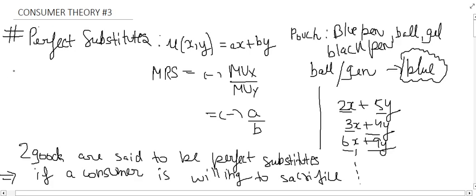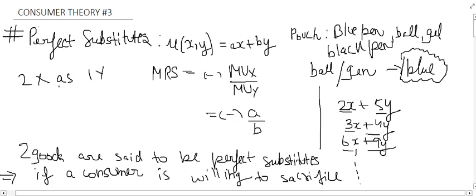Sometimes in the question you will be asked to frame the utility function. For example, there is a consumer XYZ, and he considers two goods to be perfect substitutes for each other, and he considers two breads, for example, two of x as good as one of y.